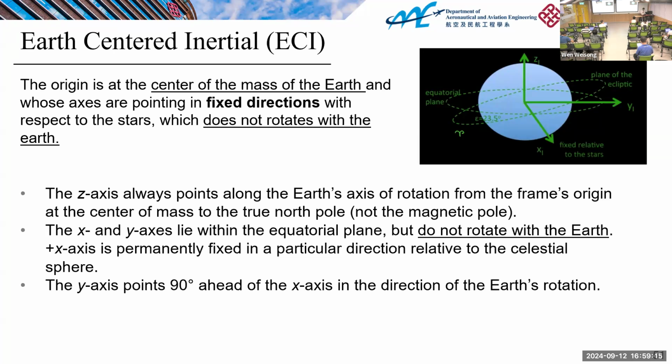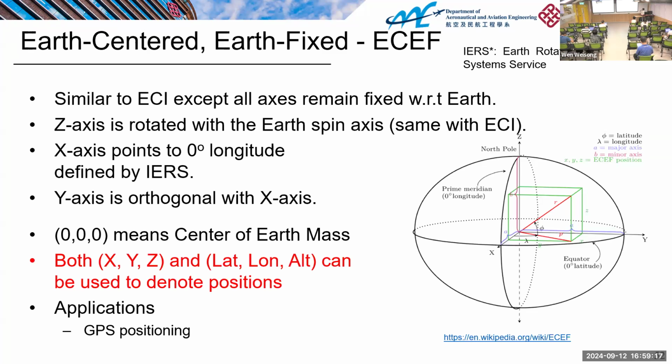For the second one, the ECF, the major difference from the previous coordinate system is that it will rotate simultaneously with the Earth. It is similar to the ECI, except all axes remain fixed to the Earth, so these three directions all rotate simultaneously with the Earth.